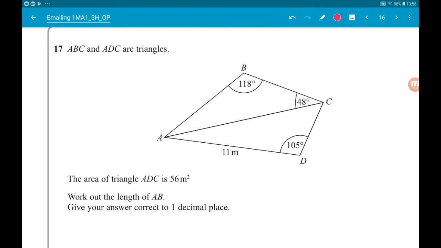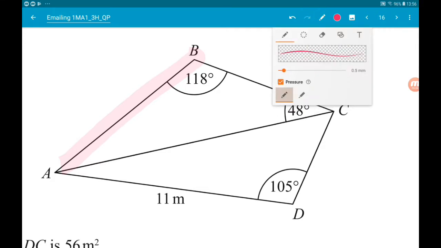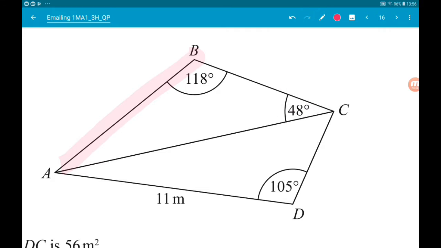Okay, so the length that we want is this guy here. Now, in this top triangle, all we know at the moment are 2 angles. If we could find the length AC, we could then use the sine rule, because we then have a matching pair of angle and side. But we don't know that. So then we go down to the bottom triangle and think about what we know and what we can find.